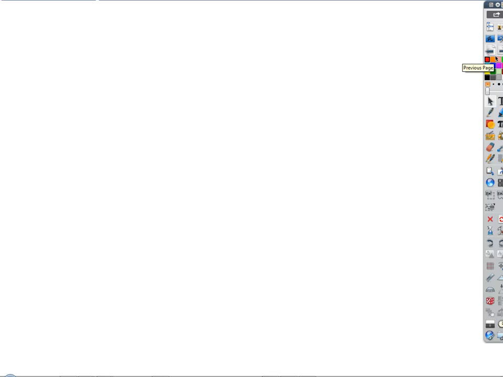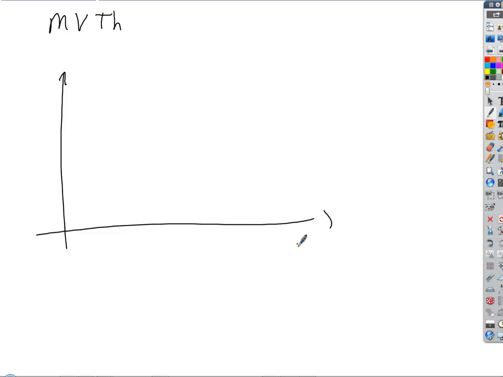Remember this one, the mean value theorem for derivatives. It's a picture theorem. Mean value theorem just looks like this, right? It just says if a function is what on a closed interval from a to b?